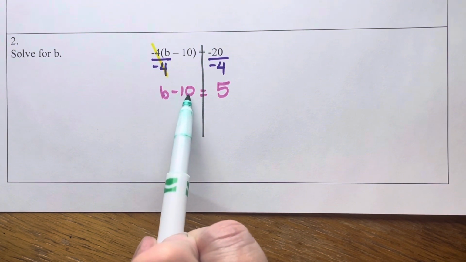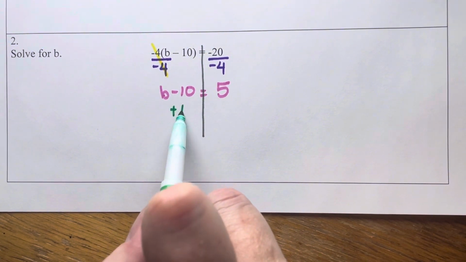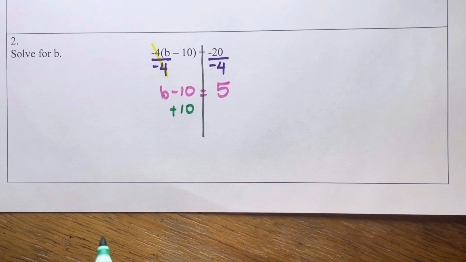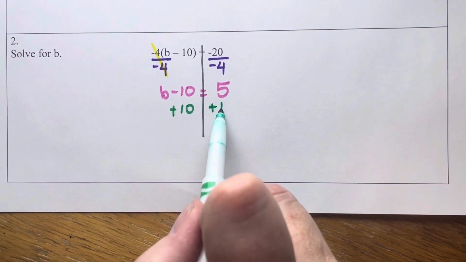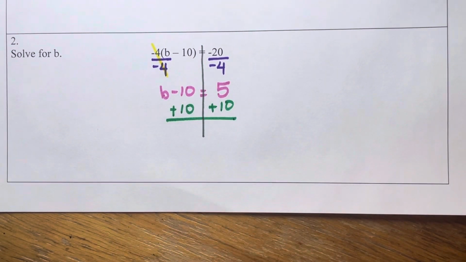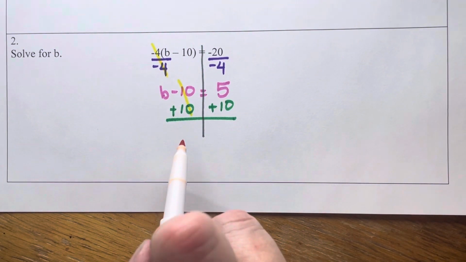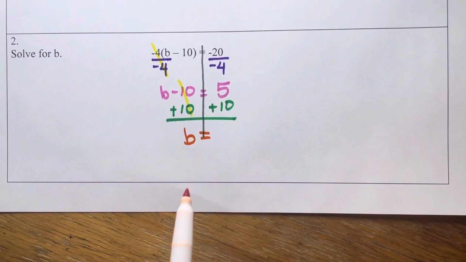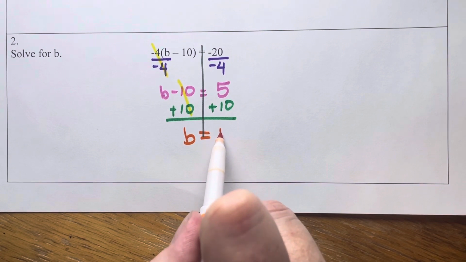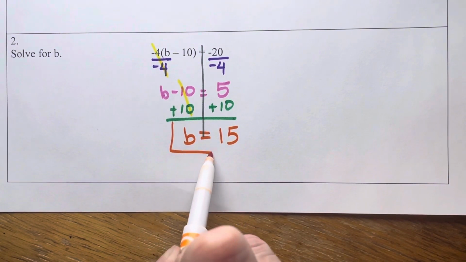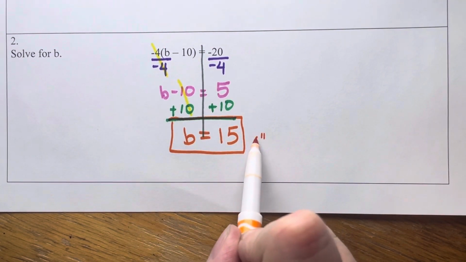The opposite of subtracting is adding. And again, what you do on one side of the river, you must do to the other. And the whole purpose of adding that 10 was to cancel it out. And as a result, we have a final answer of b equaling 5 plus 10, makes 15. And there you go.